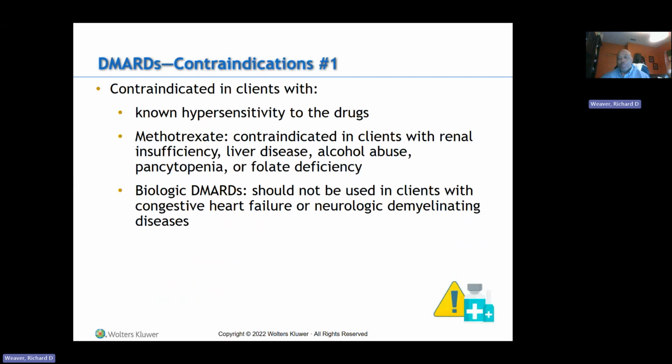Women who are pregnant or trying to become pregnant should not use leflunomide, another DMARD drug. The biologic DMARDs should not be used in patients with heart failure, or those with neurologic demyelinating diseases such as multiple sclerosis.